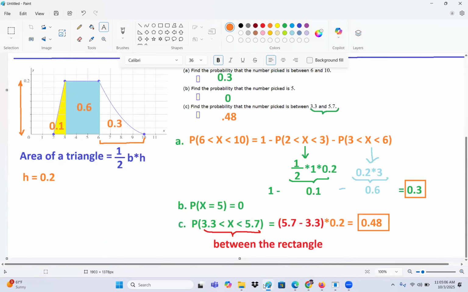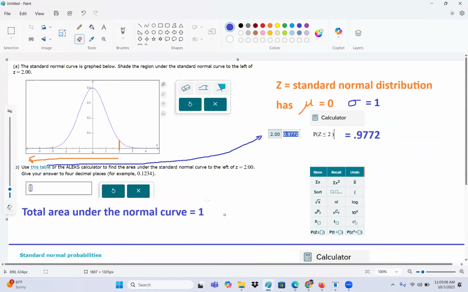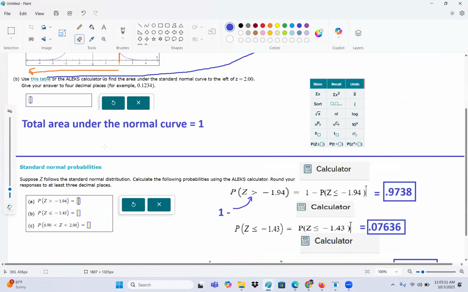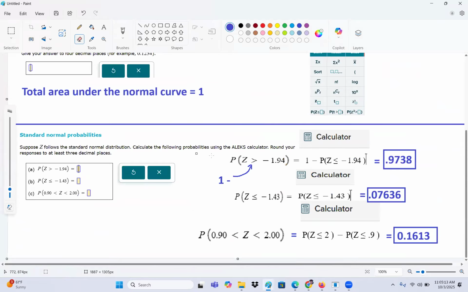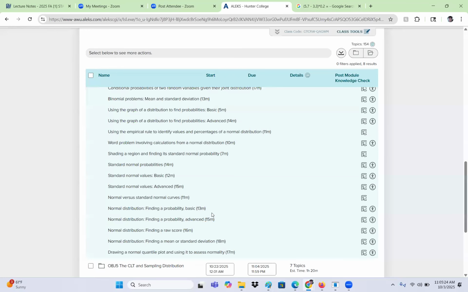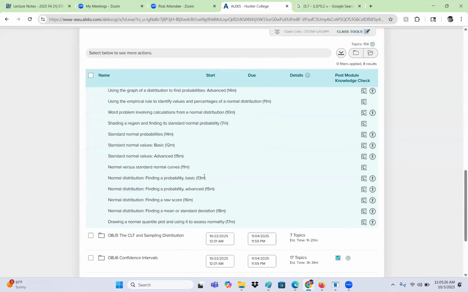So we know how to find the area under the curve, and we know how to read the chart. Once we come back next Tuesday, I'll show you how to analyze and read the chart using the z-score, and how we're going to transform that. It's not too bad.